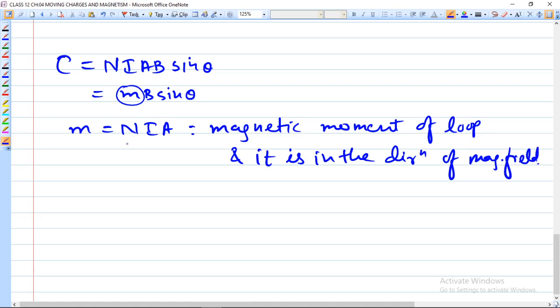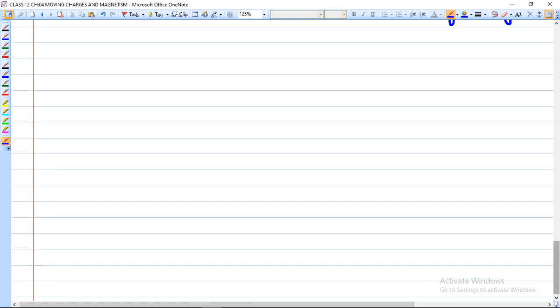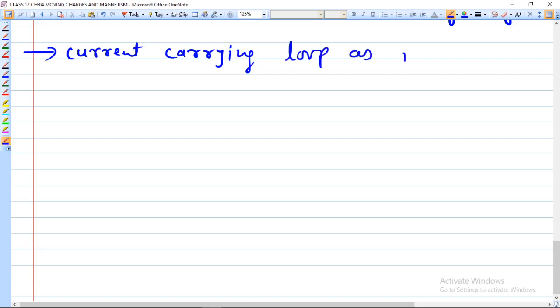Here I want to discuss more about this. Give the heading: current carrying loop as magnetic dipole.